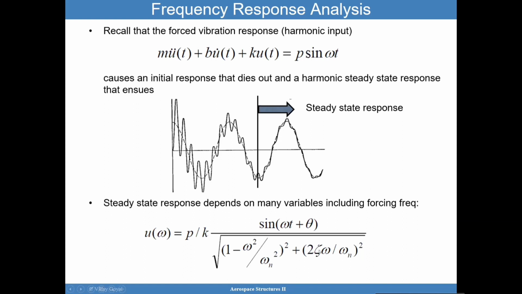If I have some amount of damping, then this goes to 0, and your peak response is dominated by the damping, or the quality factor, as we called it earlier. It is dominated by damping, as you can see here.